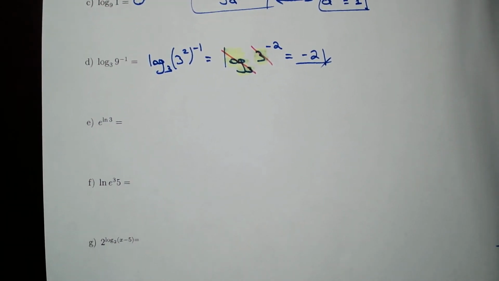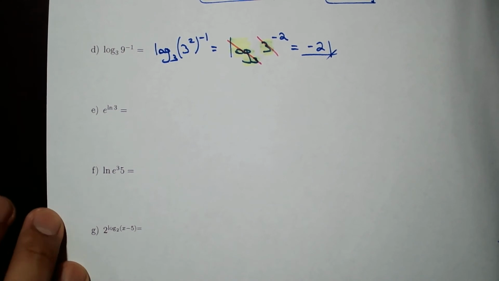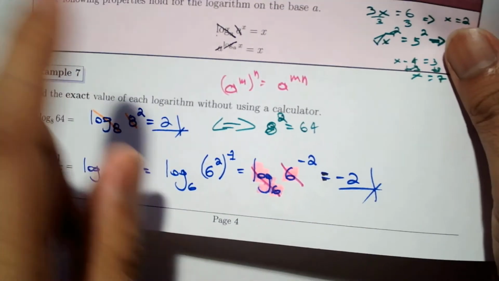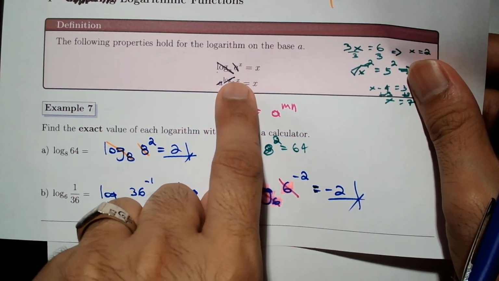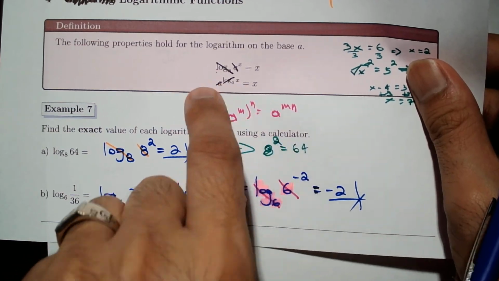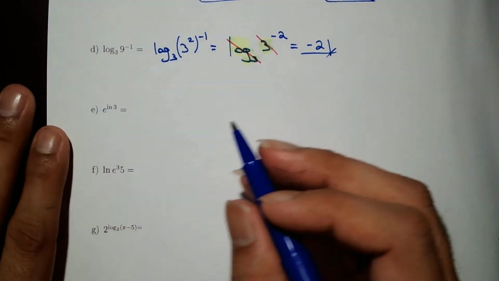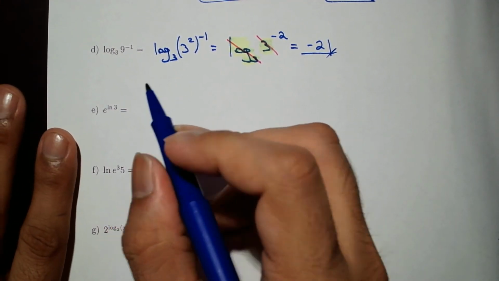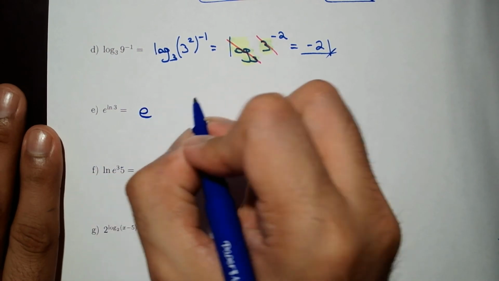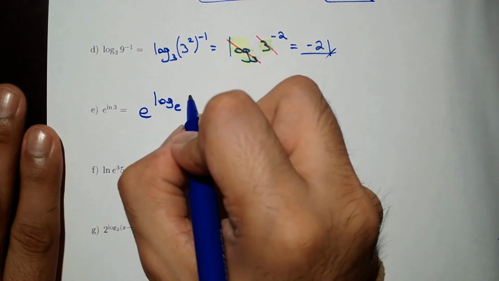All right, so the next one, e to the ln of 3. In this case we have the other property going on, which is the second one. E to the ln is the same as a raised to the log base a, which is the second statement right here. I'm going to do this only once, just so this is clear: ln is the same as saying log base e, so this is e to the log base e.